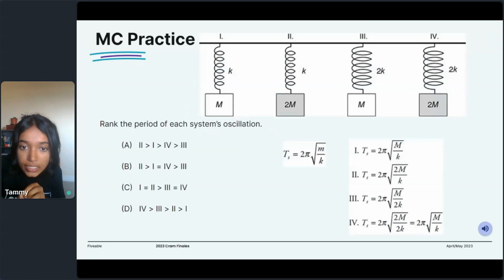So that is basically how we figured this out. I can clearly see here that option 2 has the greatest period. And then that's followed by option 1, which just has normal. It looks exactly like our equation. And then 4 comes next. Oh, 4 and 1 are equal to each other. And 3 has the smallest period.